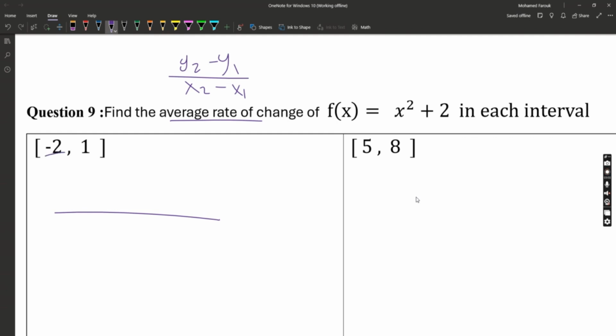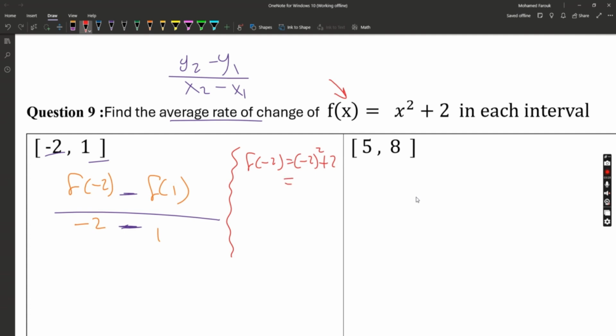We have x2 and x1, so we start with negative 2 and 1. I get f of negative 2, which is y2, and f of 1, which is y1. f of negative 2 is negative 2 squared plus 2, which is 6. f of 1 is 1 squared plus 2, which is 3. So it will be 6 minus 3 over negative 2 minus 1, which is negative 1.